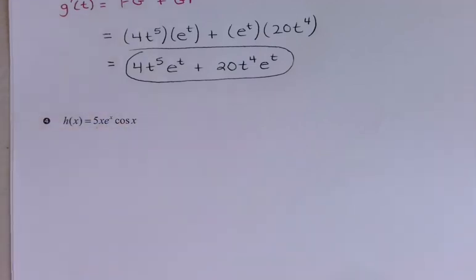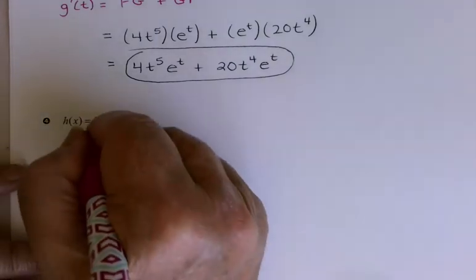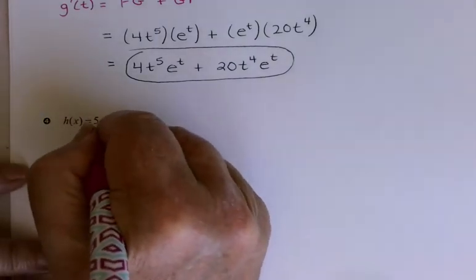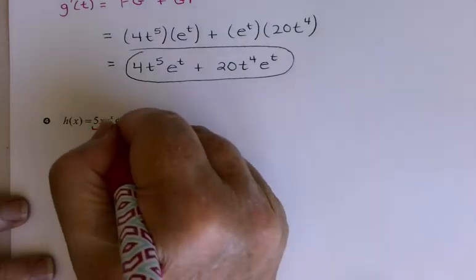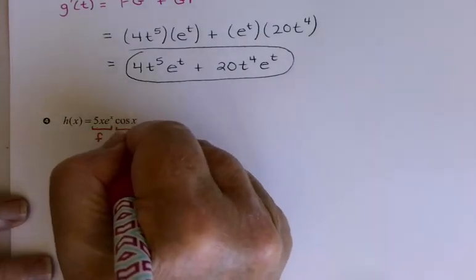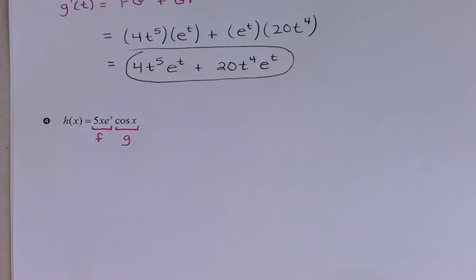In order to handle that, we're going to have to use a double product rule, or a product rule nested within a product rule. So I'm going to start by identifying 2 factors, because my product rule can only handle 2. Let's do f as 5x e to the x, and g as cosine x.